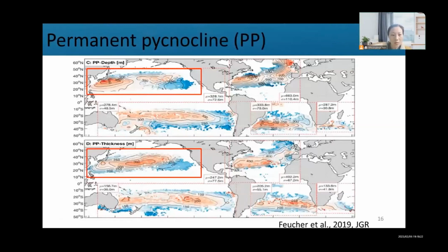In the North Pacific, a study showed that the depth of the permanent pycnocline was around 450 meters in the subtropical region and 300 meters in the subpolar regions.